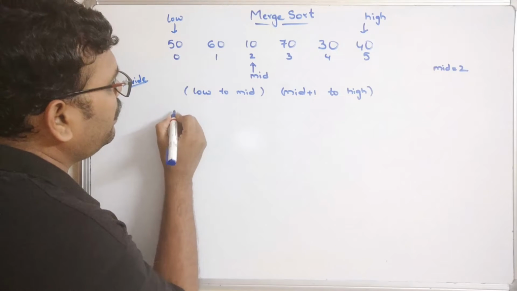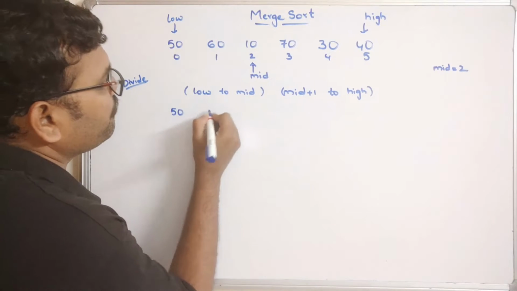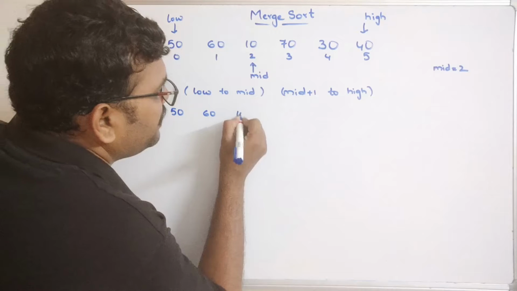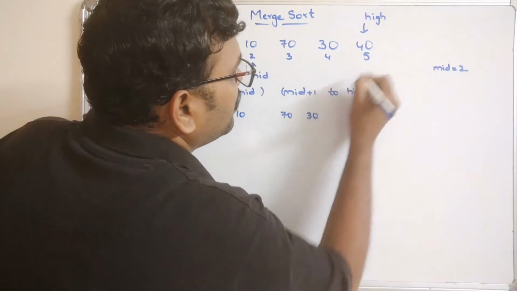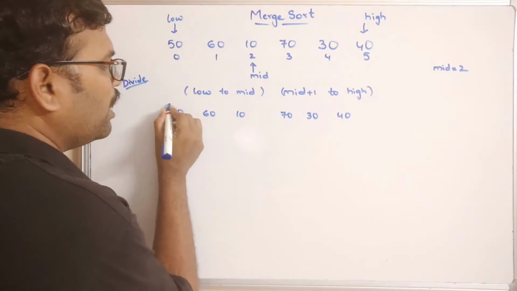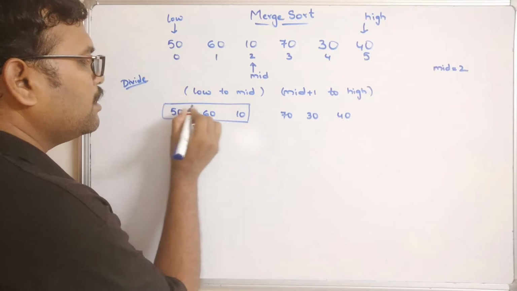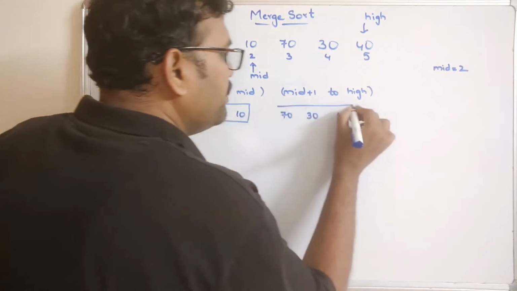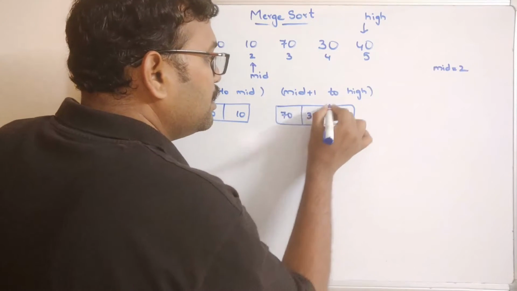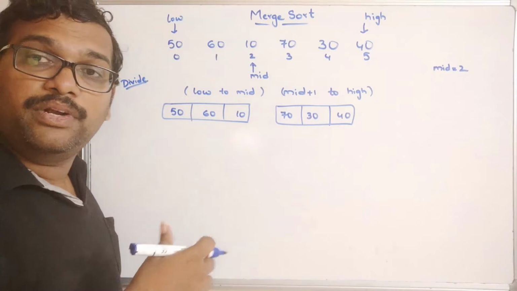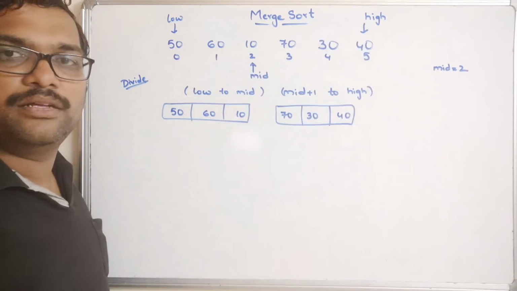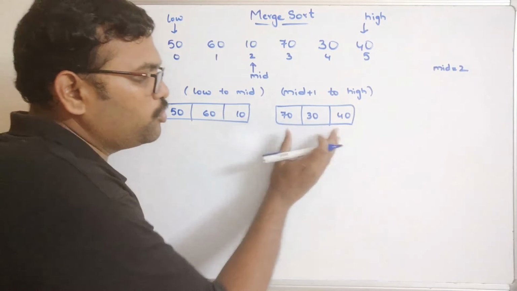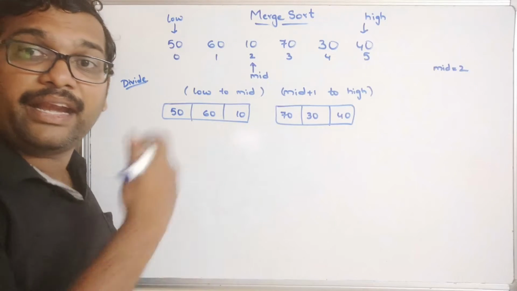Here we write 50, 60, 10 as one part, and 70, 30, 40 as the other part. Again we need to divide the elements further based upon the middle, so we solve these two parts individually and recursively.